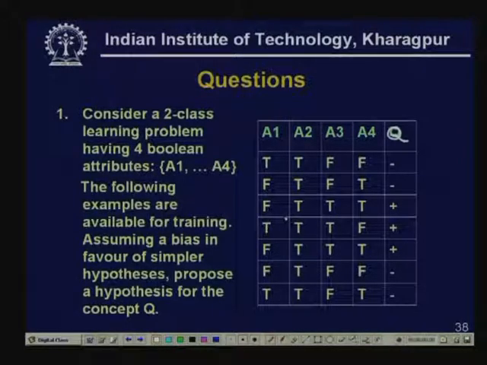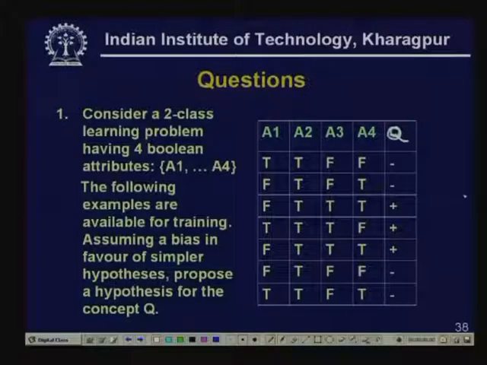So, you assume that there is a bias in favor of simpler hypotheses. Your objective would be to find a good hypothesis for this particular concept Q.